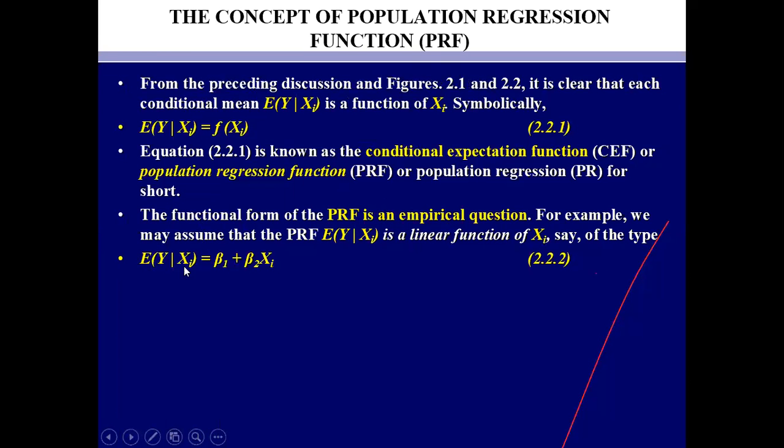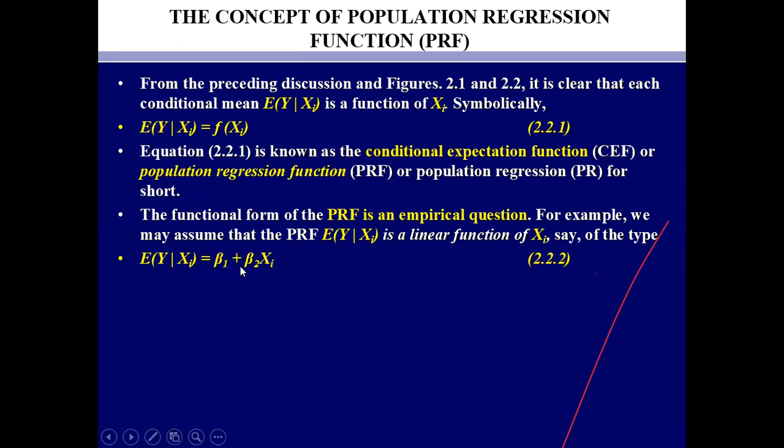So for this particular PRF, which is a function that we consider in case of population data, if population data are not available, which means if we are not studying the population, rather we are considering a sample from the corresponding population, then we need a sample version of this function.